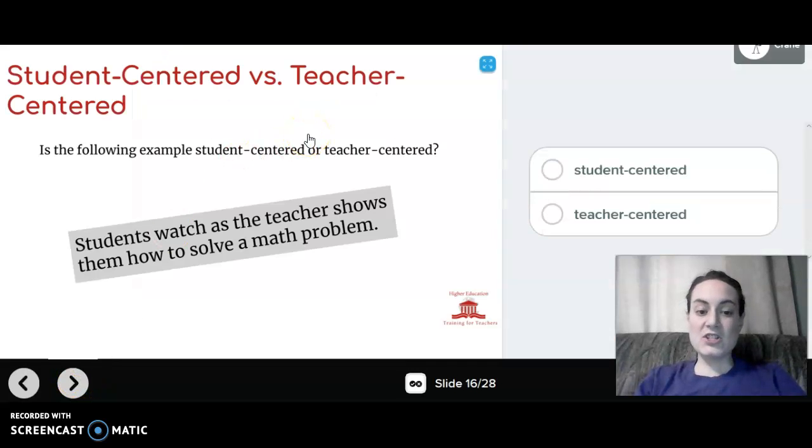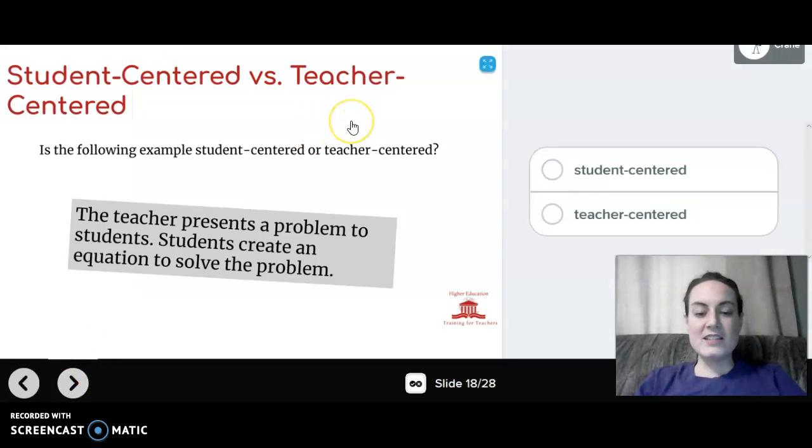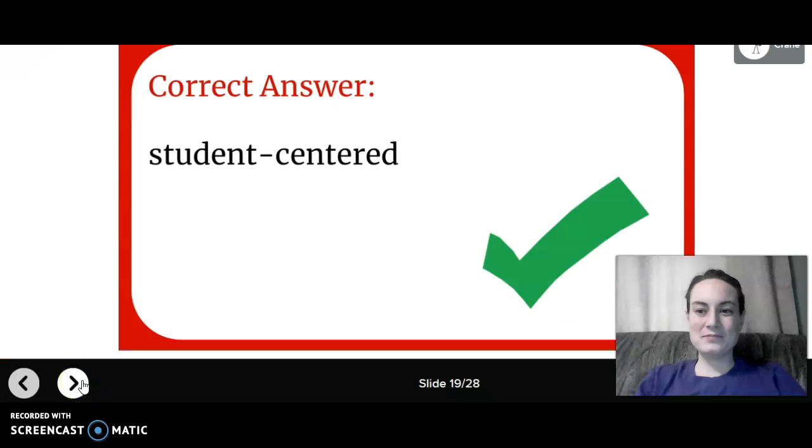Students watch as a teacher shows them how to solve a math problem. They're just watching, that's teacher-centered. The teacher presents a problem to students. Students create an equation to solve the problem. That's student-centered. Good, awesome. That's correct.